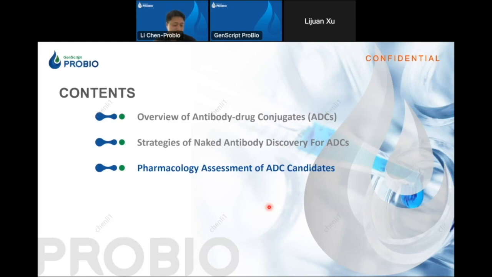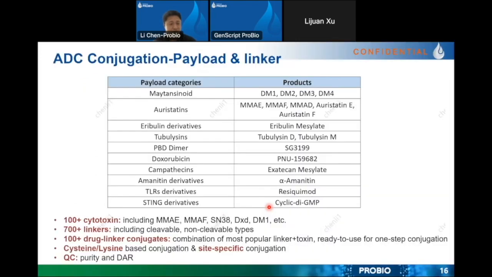Next, let's move on to the second part of ADC discovery, the pharmacology assessment of the antibody drug conjugates. Once you have made the selection of the naked antibody leads, the next step is the payload and linker conjugation.